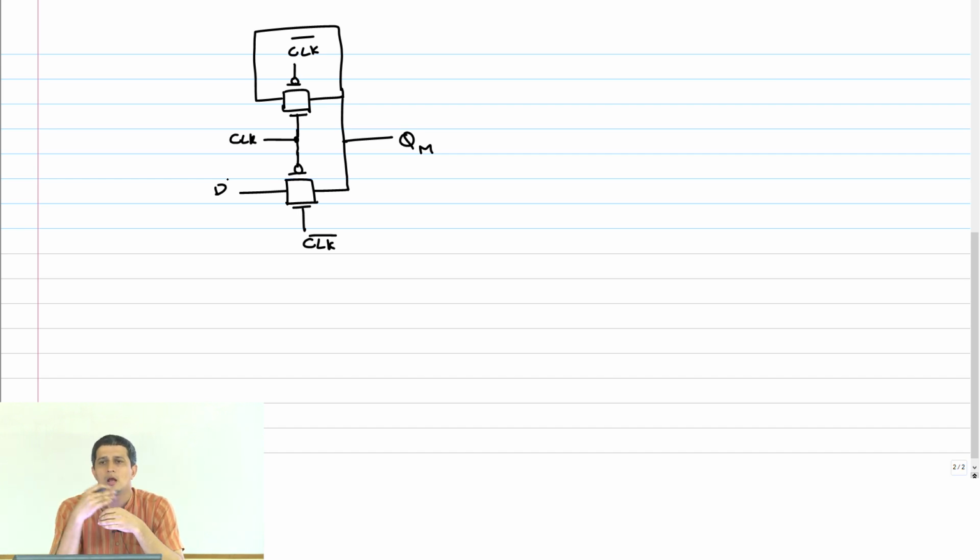Then you will ask me what is driving this flop, because right now there is no path to VDD or ground for this flop on both sides, on the D side as well as the feedback side. So there is no way that I can tell you the delay or characterize this flop.